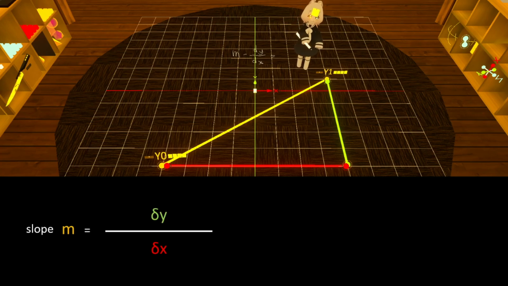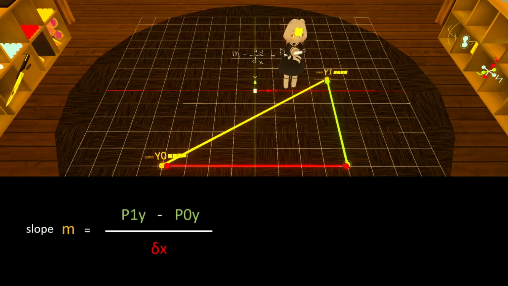In the video I'm going to call it p1 in this case. So delta y is p1's y minus p0's y, and then divided by delta x, that is p1's x minus p0's x in this case. So yeah, this over here is the definition of the slope.